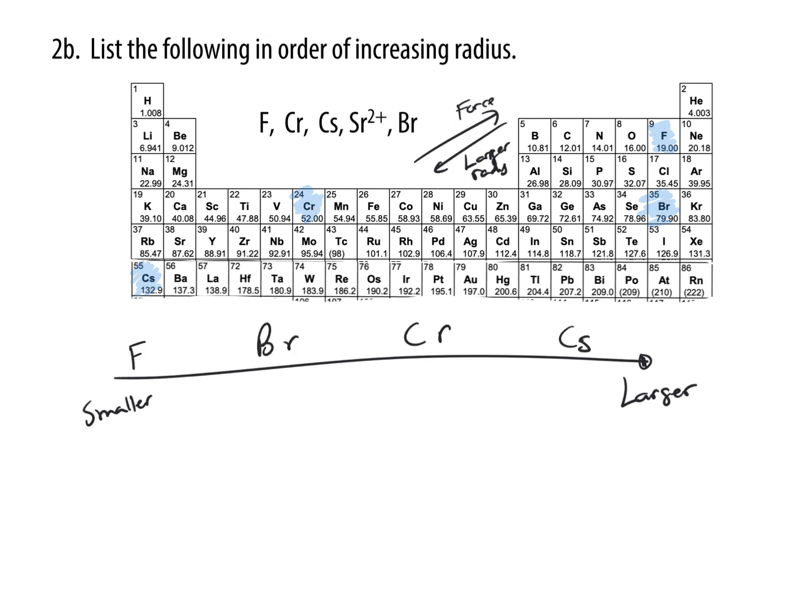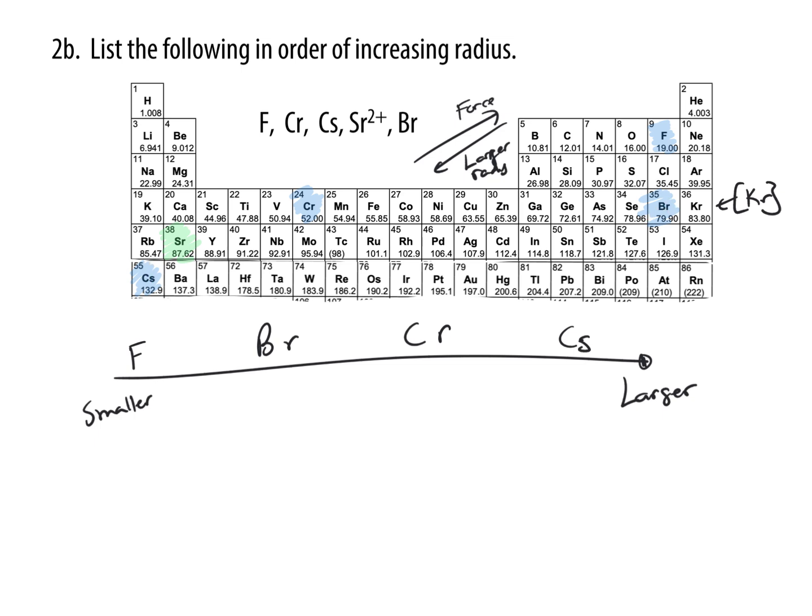Next, we need to think about Sr2 plus, our ion. So Sr2 plus is going to then achieve a krypton configuration. Now, Sr would be quite large. It would definitely be larger than bromine.